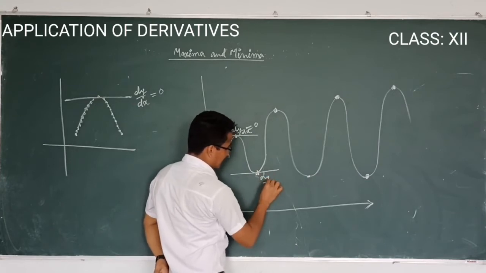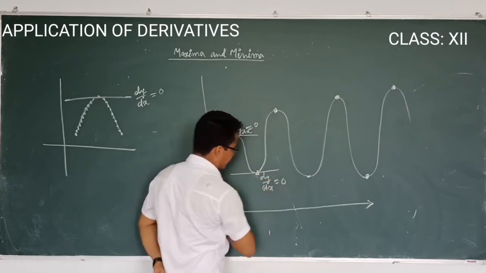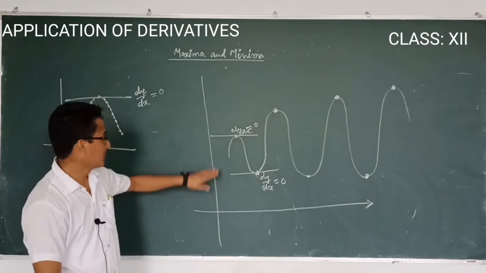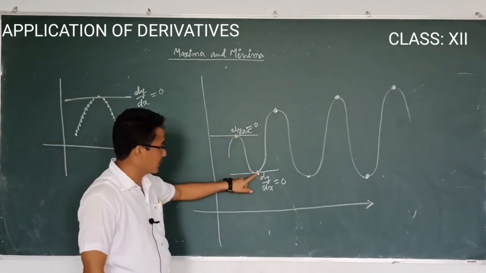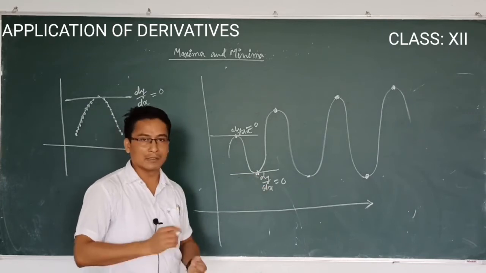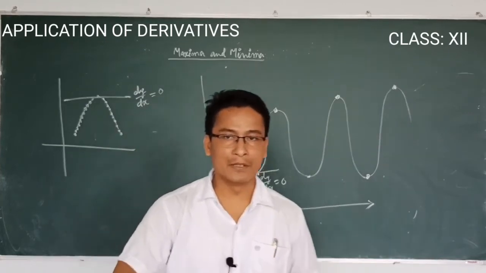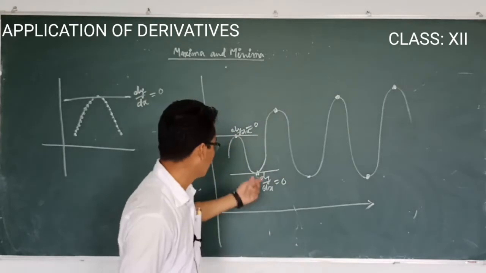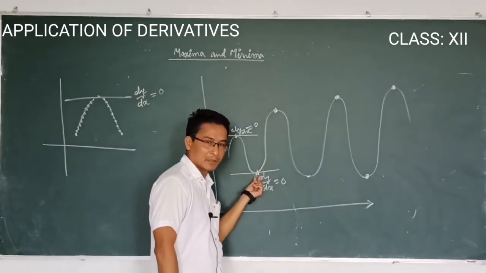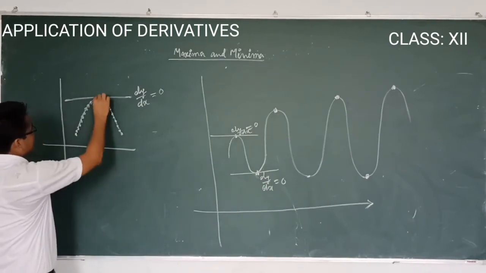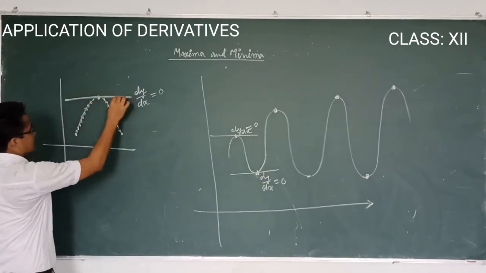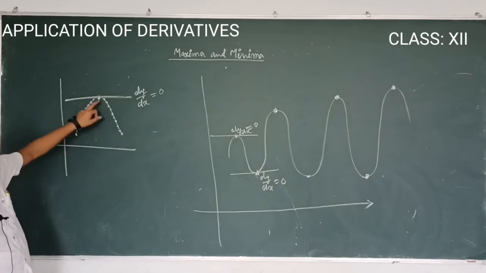When you get the slope dy by dx equal to 0, we got the maximum point here. Here also the slope dy by dx is 0. That means if you get dy by dx equal to 0, it also gives the minimum point.